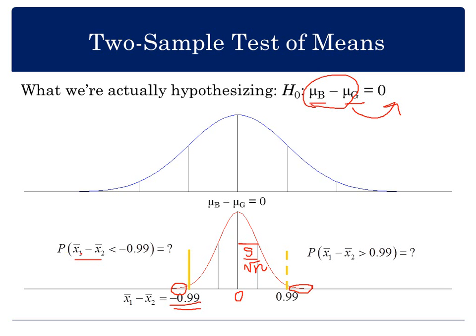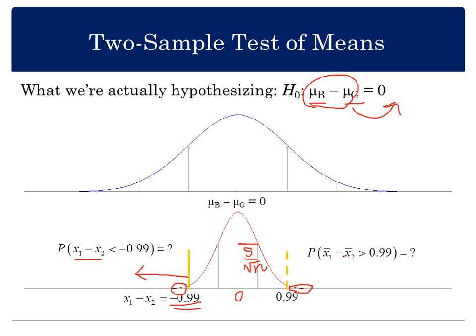The p-value: what is the probability of getting a difference in sample means of at least 0.99? Doesn't matter which way I subtract, because I don't care about the direction of the relationship just yet. I want to catch it on either side. And that's all these statements are saying. What's the probability that if I subtracted mean 2 from mean 1, I would get something less than negative 0.99, what I actually observed?